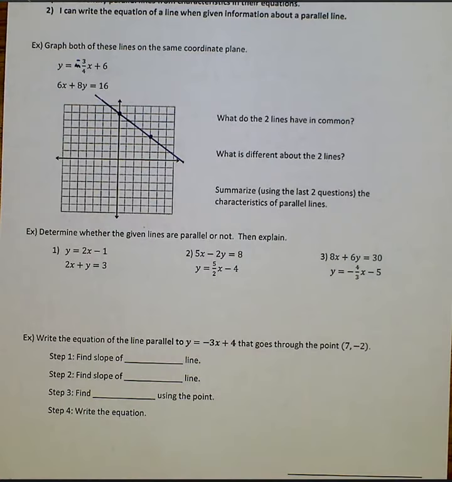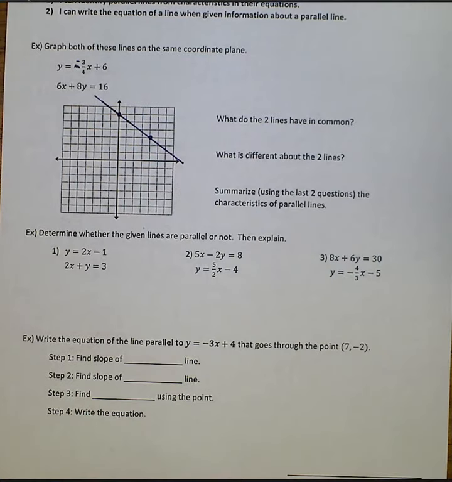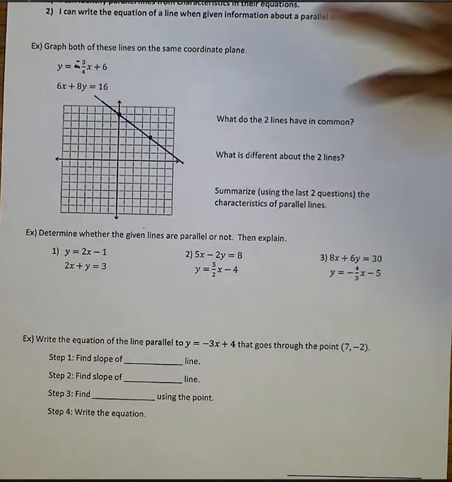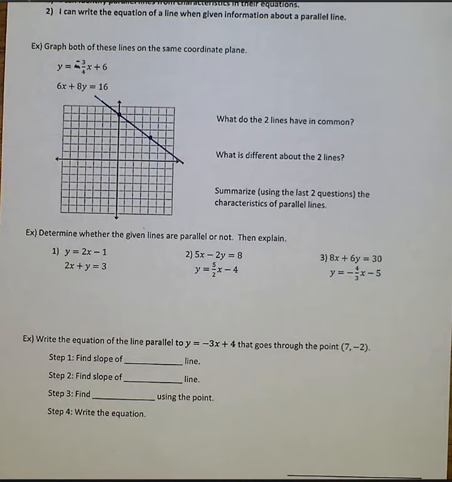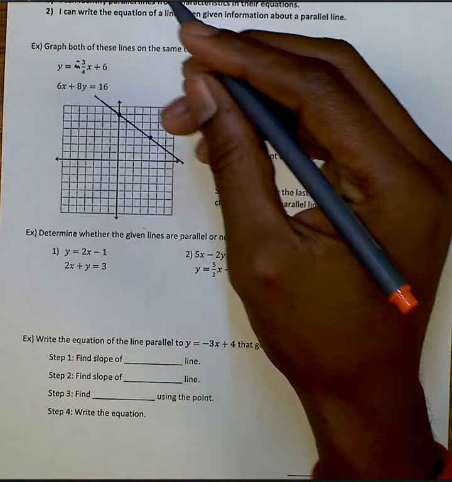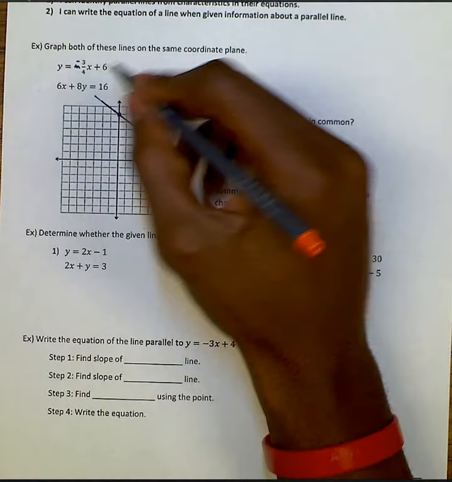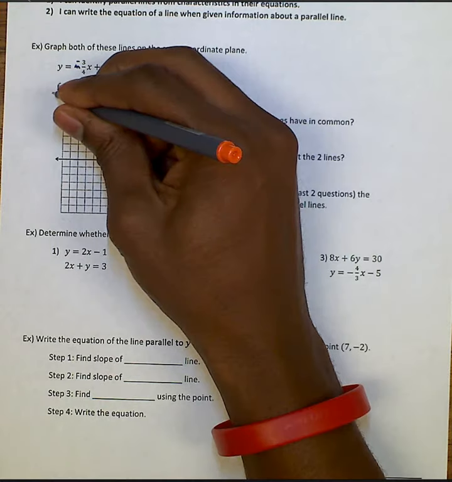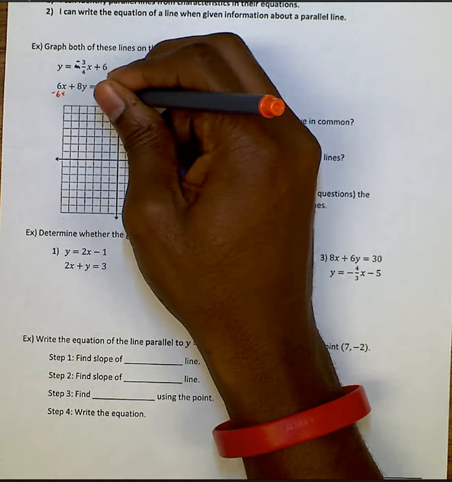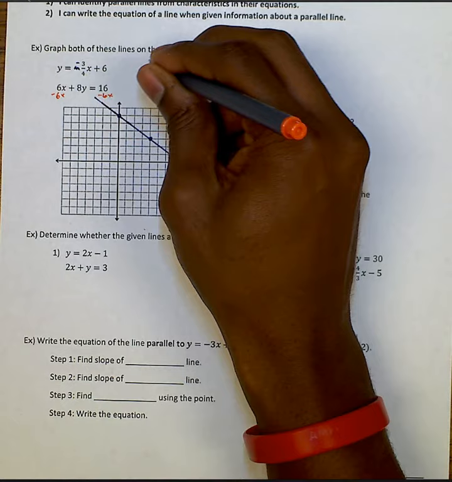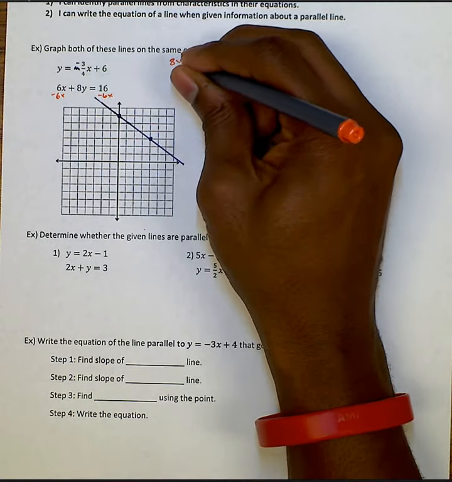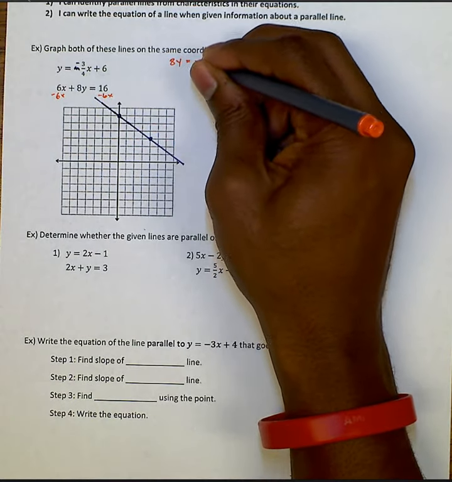My second line is written in standard form, but as I look at it now, I'm really not going to be able to get two good intercepts, so I'm going to change this into slope-intercept form. I'm going to do that by solving for y, so I'm going to subtract 6x from both sides. I have 8y equals negative 6x plus 16.